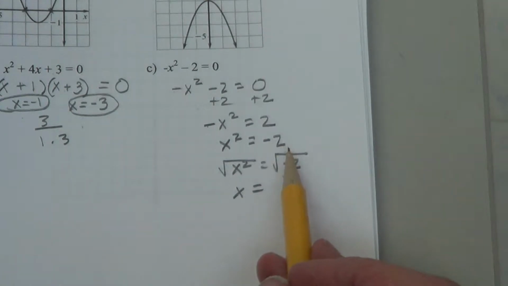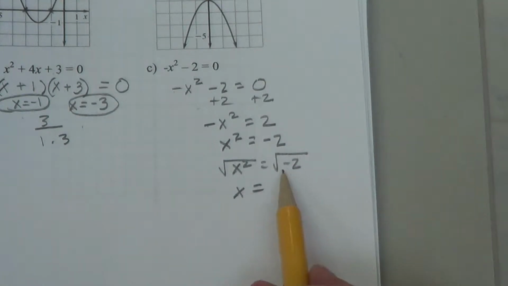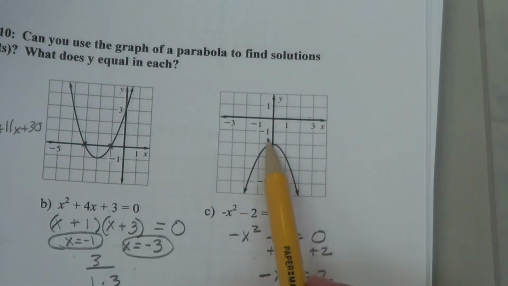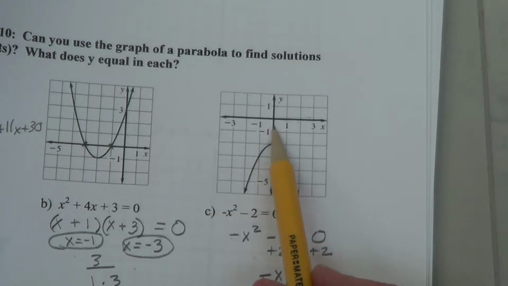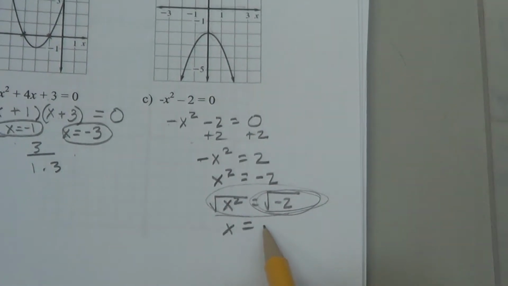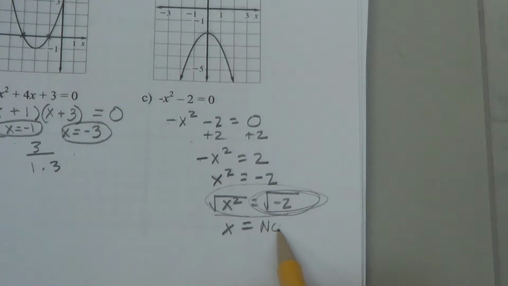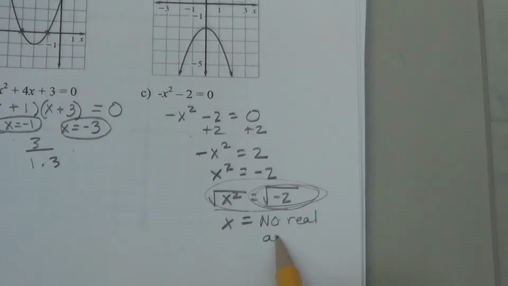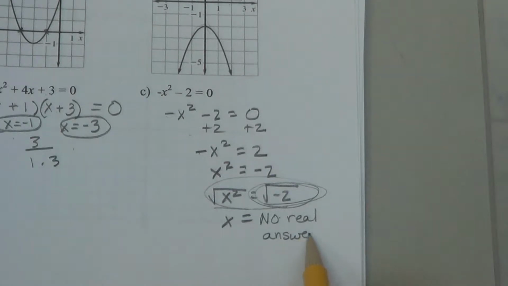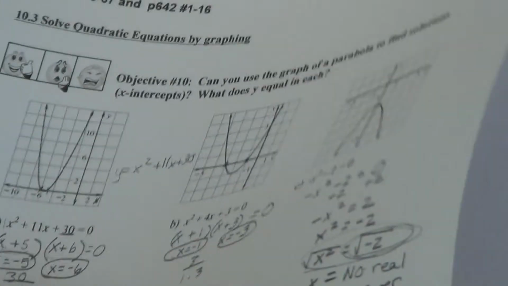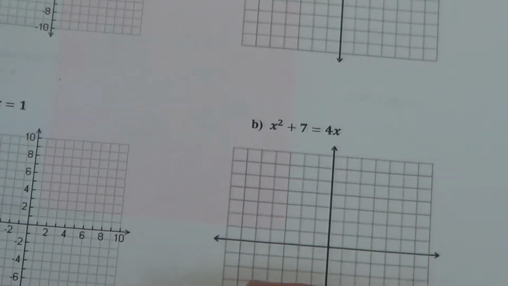Or a positive and a positive, it makes a positive. This is actually an imaginary number. So that's why it doesn't cross the x-axis. That's how it's going to look. So you write simply here, no real answer. There's no real answer. It's an imaginary answer.